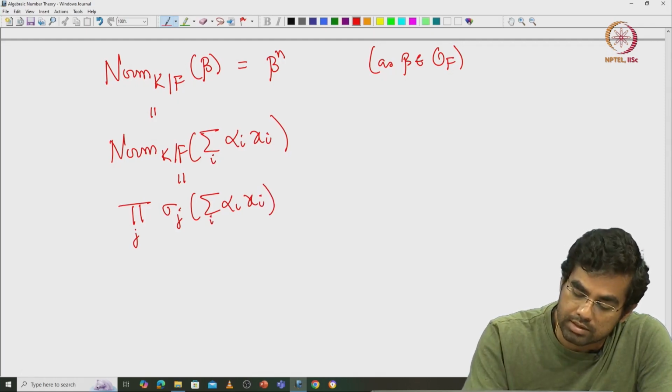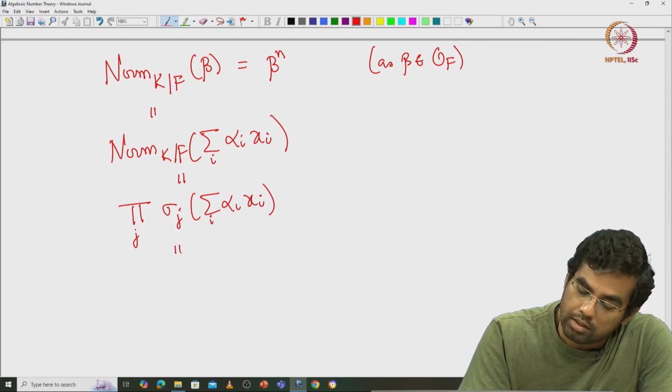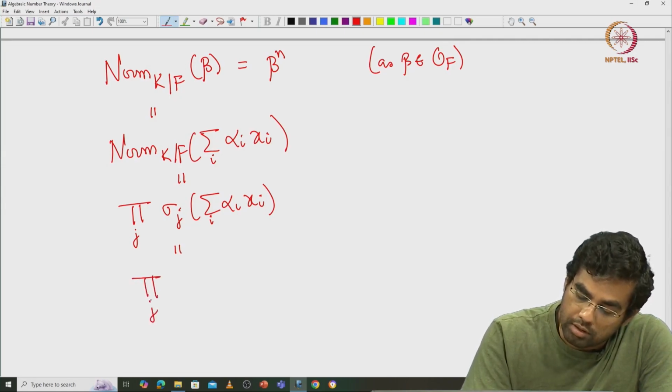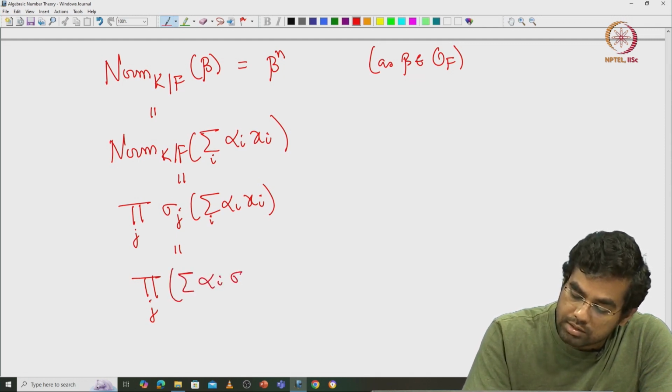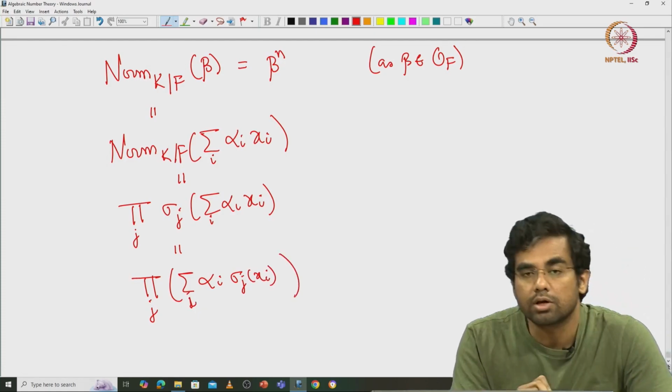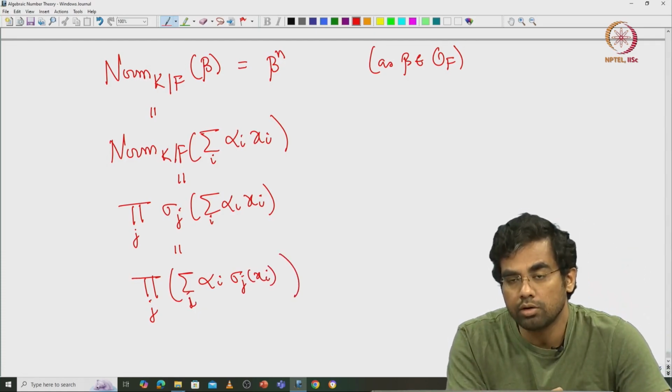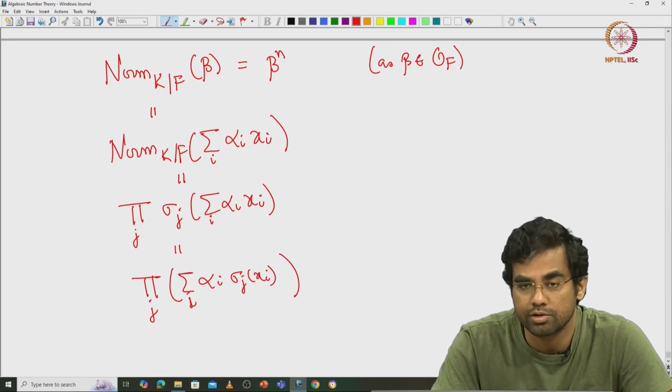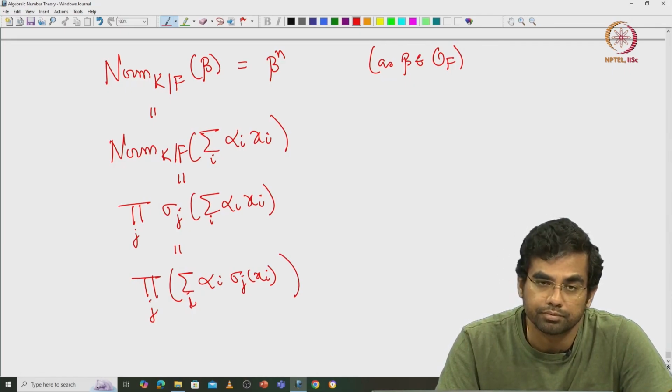This i has nothing to do with j, and I can rewrite this as the product over j of the summation alpha i sigma j of xi, because sigma j is an embedding of K that fixes elements of F, and alpha i's are elements of F.